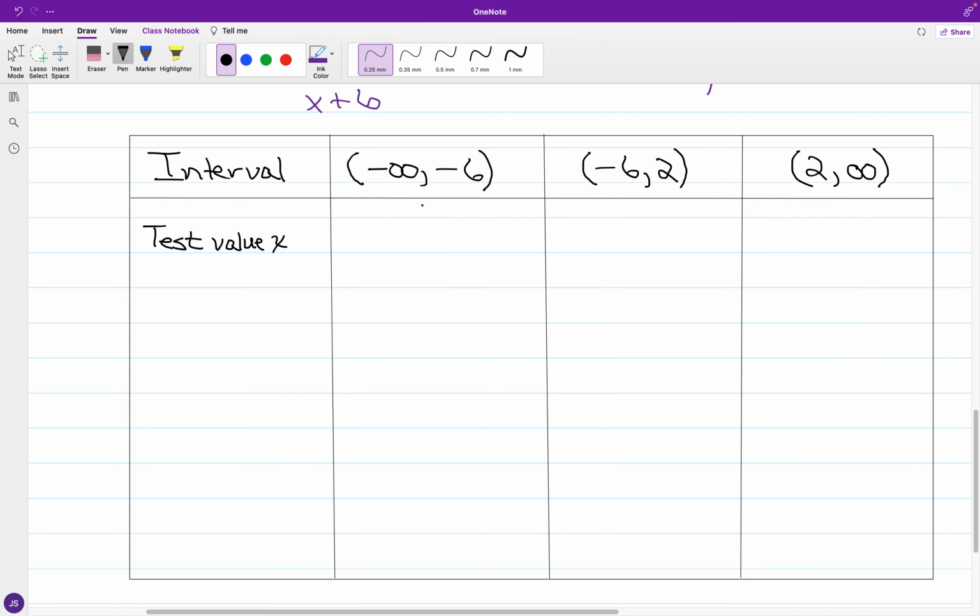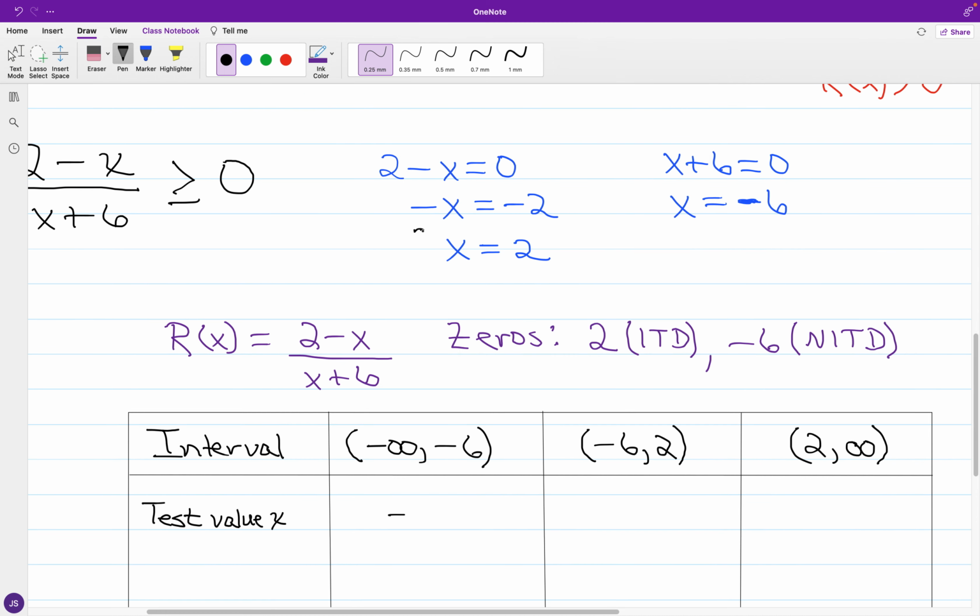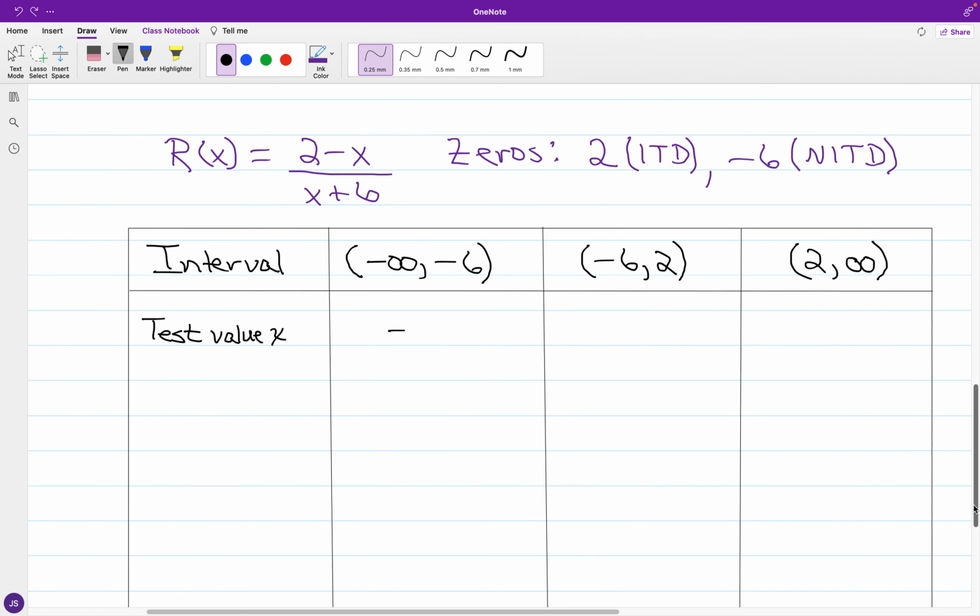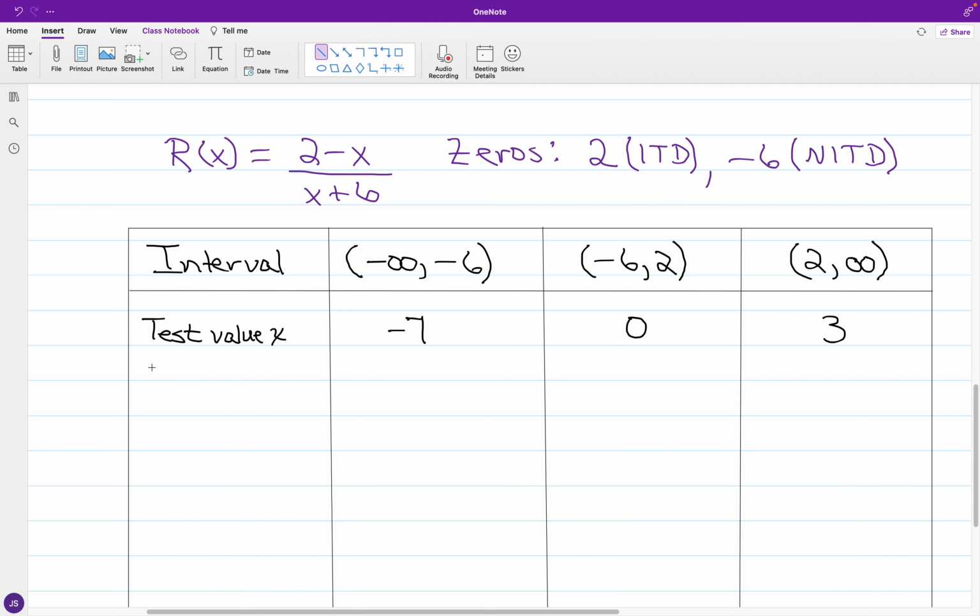So anything less than -6, we're going to have -7 as a possible choice. And between -6 and 2, we can go with 0. And for a value selected to be greater than 2, we can go with the number 3.